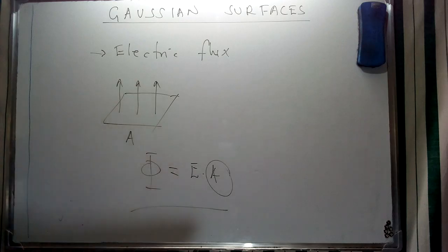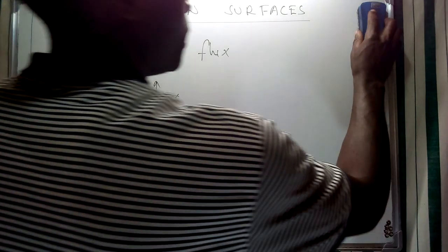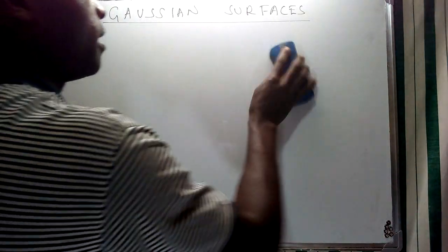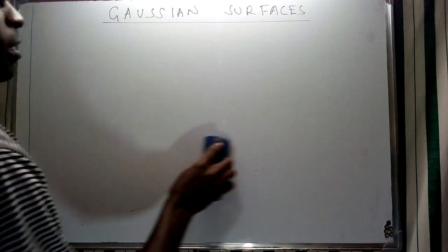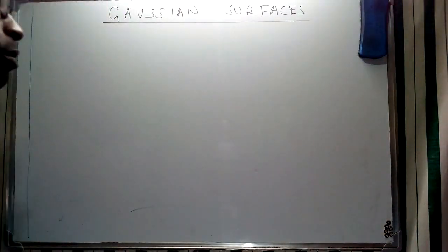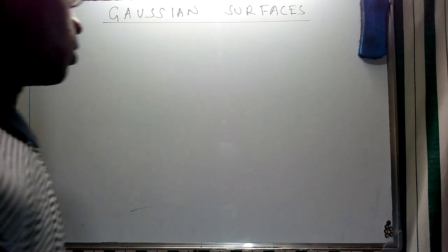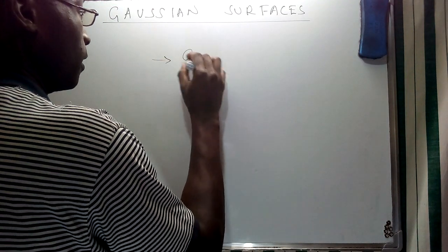I'm going to start by giving an illustration, a figurative way of representing the concept of Gaussian surfaces, which is heavily employed in calculations on electric fields, and also on areas of a gravitational field.